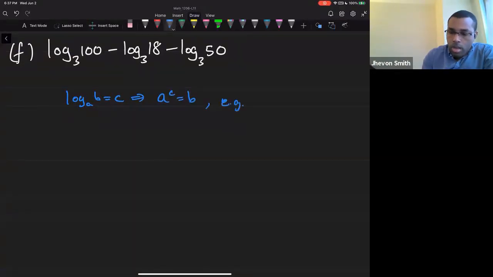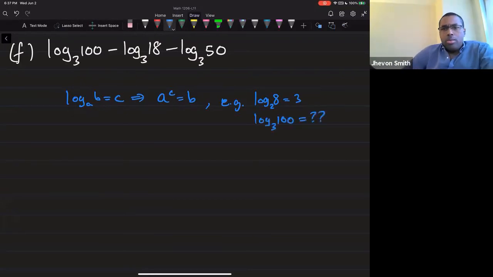So we saw that example. Log to the base 2 of 8 was 3 because you had to raise 2 to the power 3 to get 8. So now when you see something like log to the base 3 of 100, you're like, well, what do I have to raise 3 to get 100? You can't really think of that number. It's kind of weird. So for all of these, there are very weird numbers in the beginning. 3, what do you raise 3 to get 18?